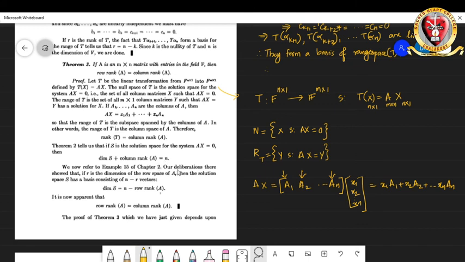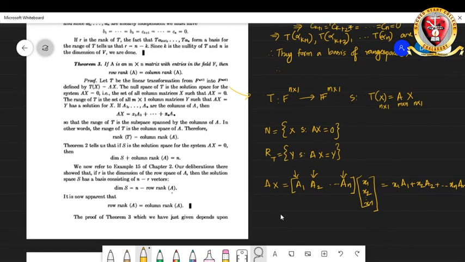And you can refer to example 15 of chapter 2, which is related to matrices, and that will end up with the conclusion that the solution space S has a basis consisting of n minus r vectors. So that means dimension of S is equal to n minus row rank of A, and when you compare, you are going to get that row rank of A is equal to column rank of A.